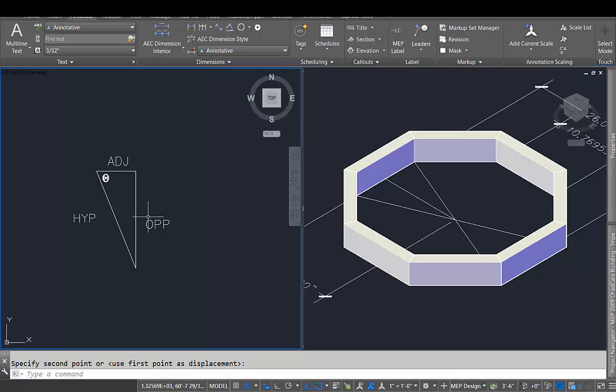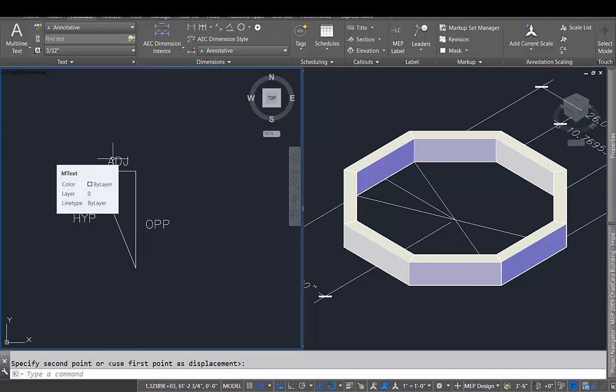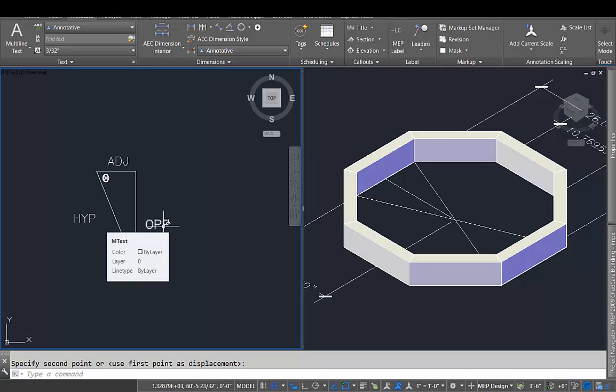So if I'm searching for the opposite, I've got a couple of options to do that. I've got SOH and I've got TOA. If I'm looking for the adjacent, I've got a couple of options for that. I've got CAH and I've got TOA. If I'm looking for the angle theta, then as long as I've got the hypotenuse and opposite, that's SOH.